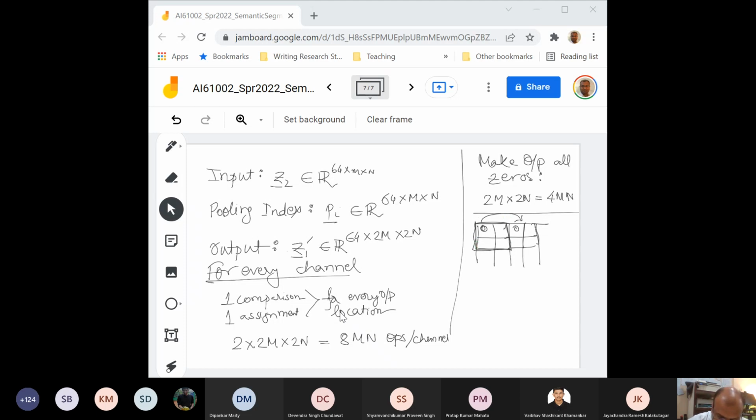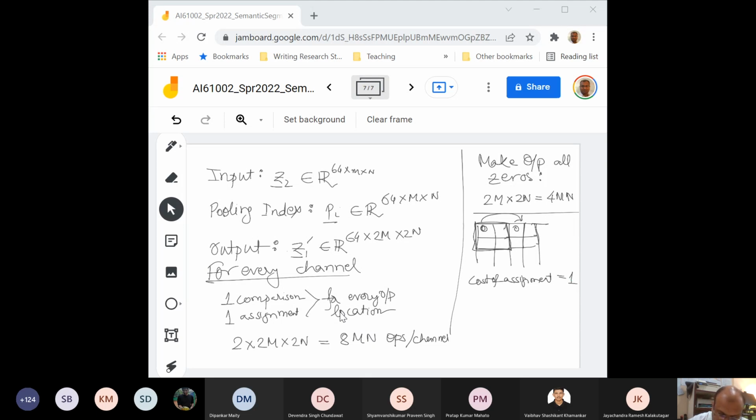So that cost of assignment is equal to 1. Okay, and then what am I going to do?